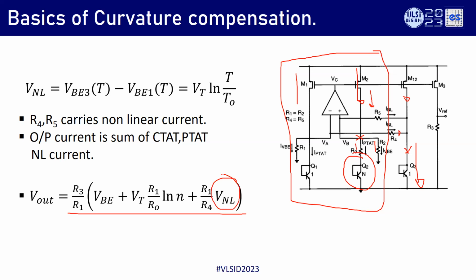This VNL is what we extracted here, right? And this is how they got close to 10 ppm per degree, 10-15 years back. According to me, this is the very first CMOS implementation of the curvature compensated bandgap.